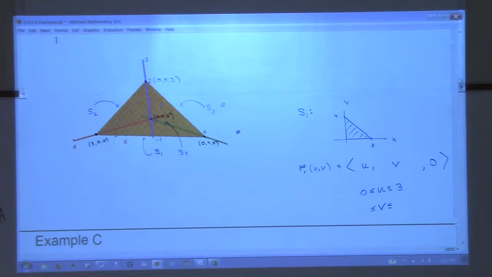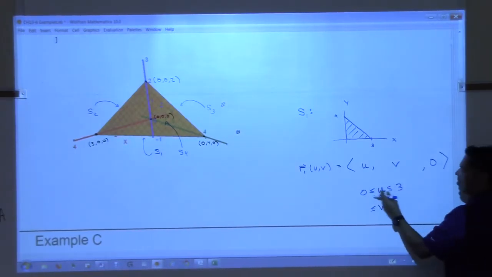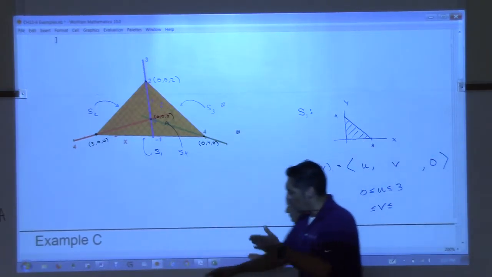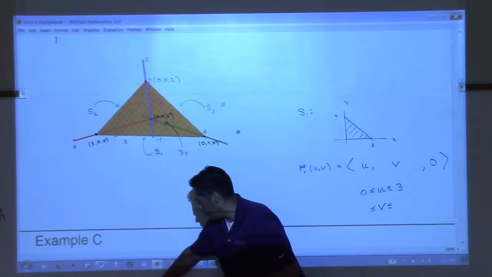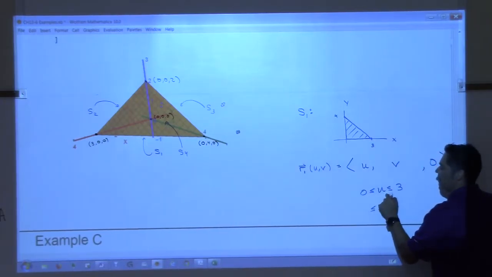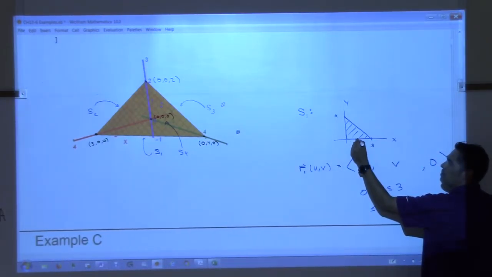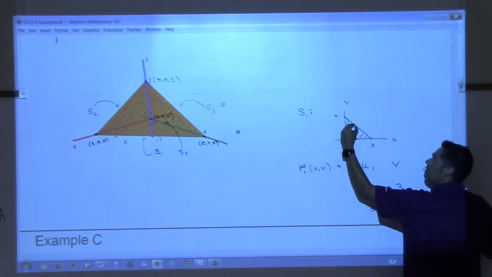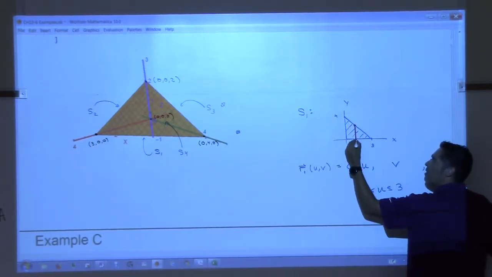0 to the function. So I let my u vary between here and here, right? But if I were to fix a u, let's say I pick some u value between here and here. Let's say I fix it right there. There's where I am. Then my v has to stick between there and there, between that point and that point.